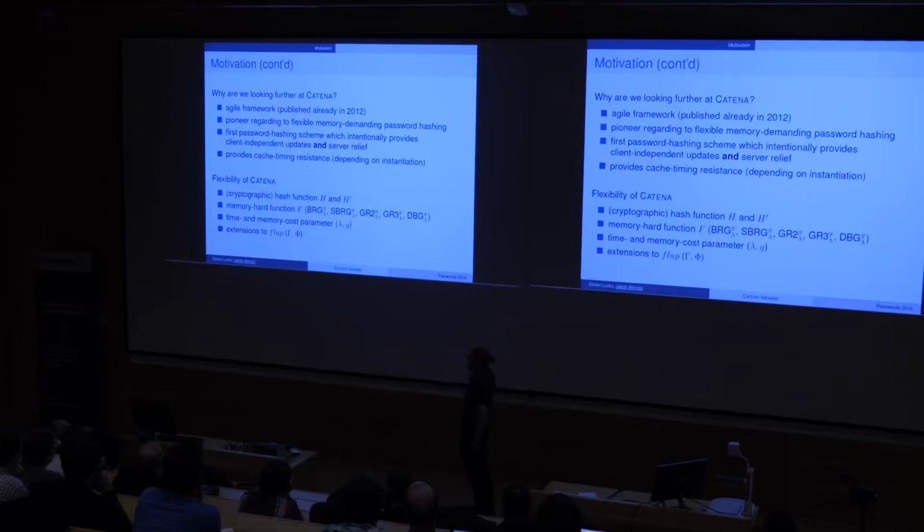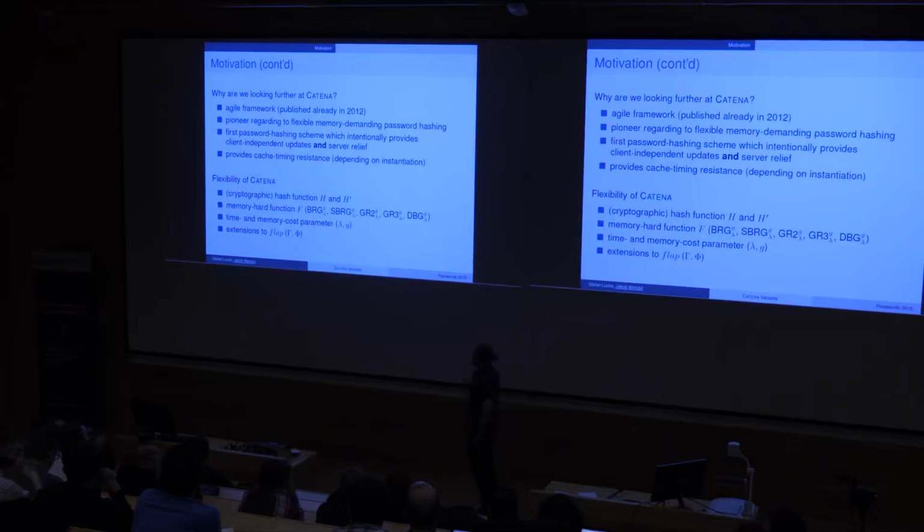First of all, we have two kinds of hash functions, where H is always a cryptographic hash function. It cannot or should not be a reduced one, because then we cannot guarantee the security we want to have. And we have a reduced hash function H prime, which can be deployed in certain positions to provide better performance.